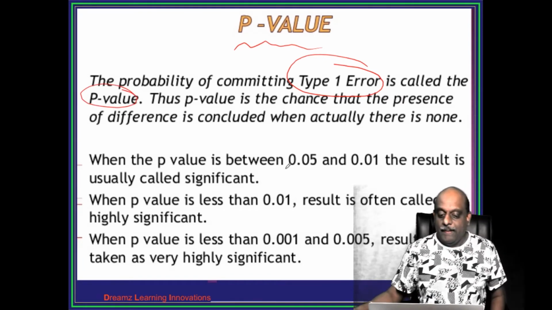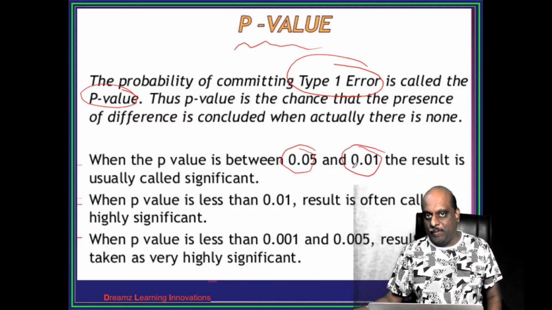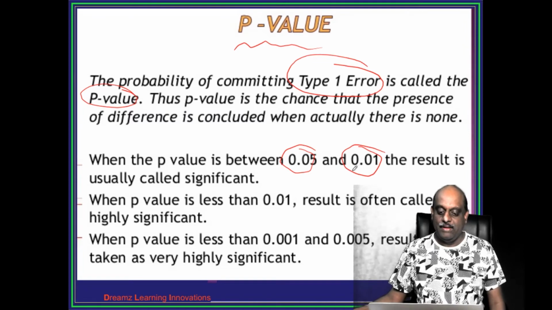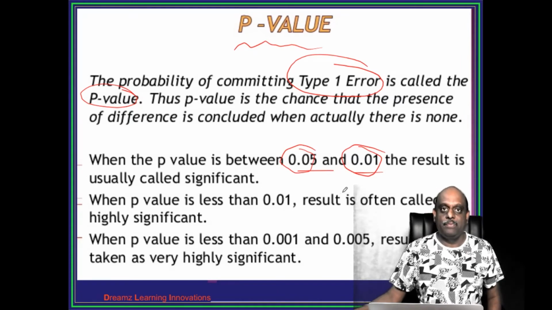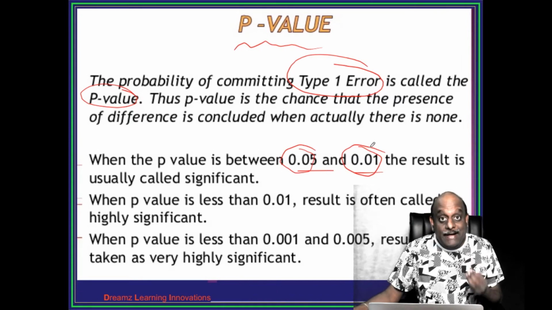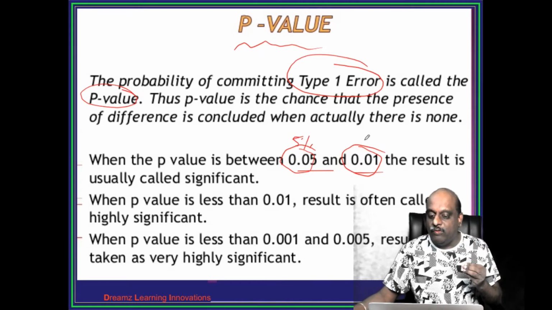So when the p-value is between 0.05 to 0.01, that means the probability of committing a type 1 error is 5% to 1%.